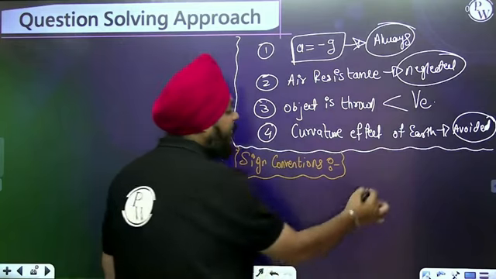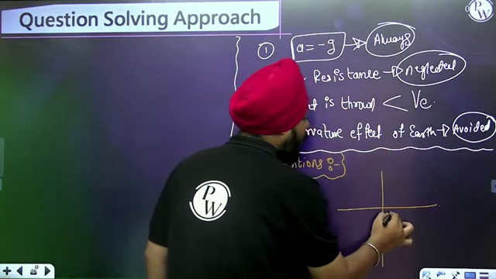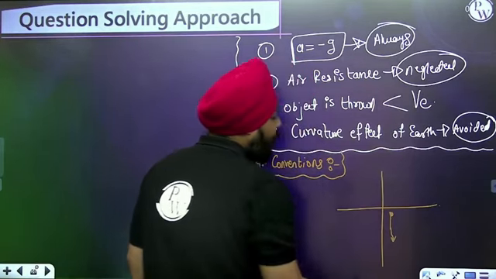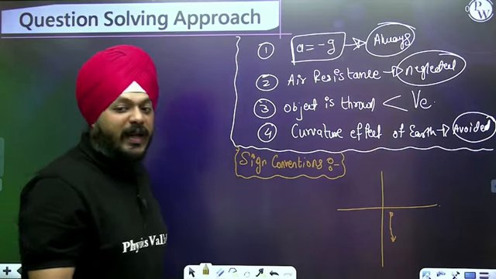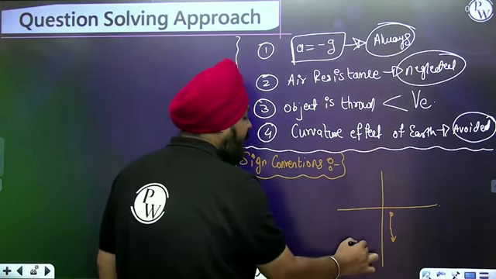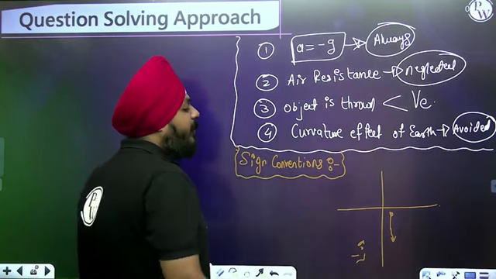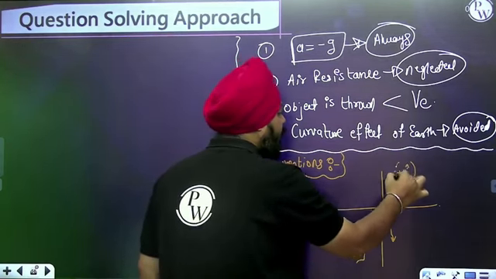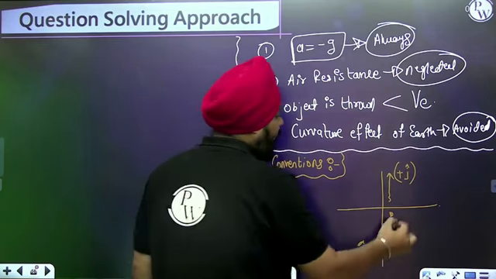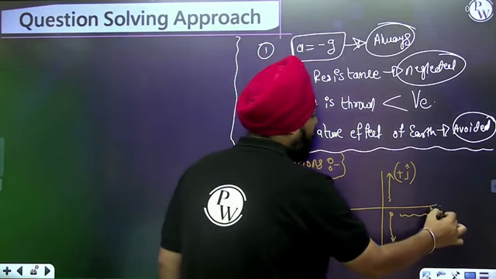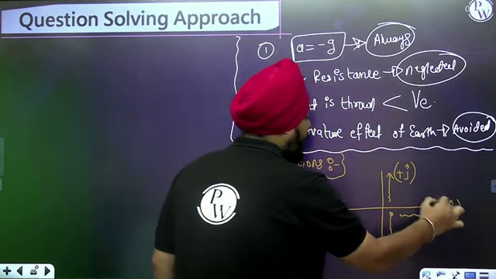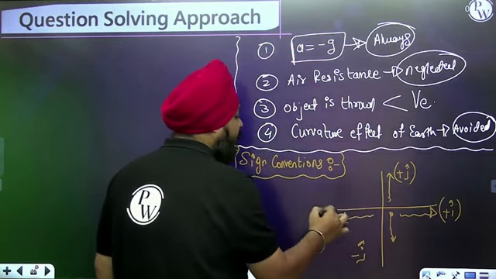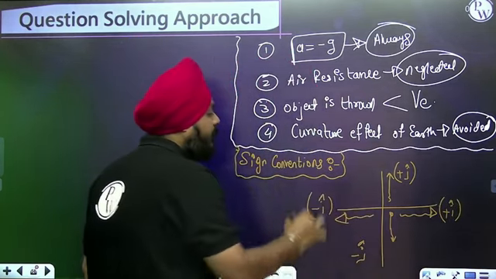For sign conventions, I already told you all: if the vector is acting in the downward direction and we are taking it as negative j, it will be negative. If the vector is acting in the upward direction, positive j, it is positive. If the vector is directed towards the positive x-axis, we have positive i. If it is directed towards the negative x-axis, we have negative i.